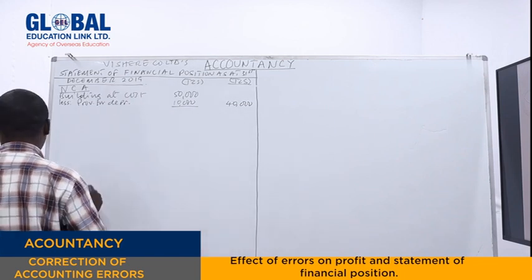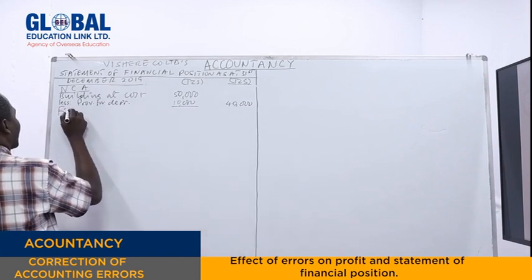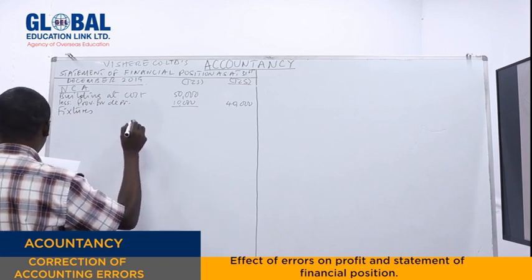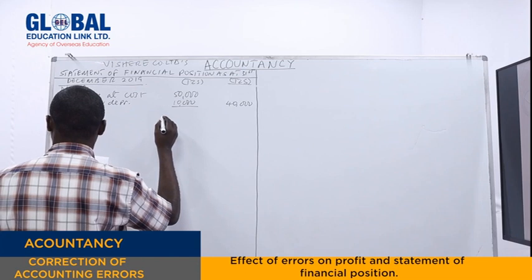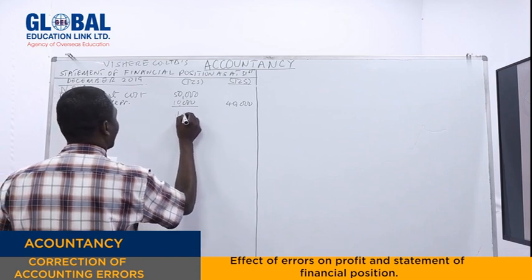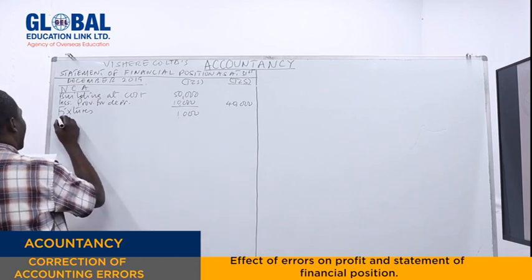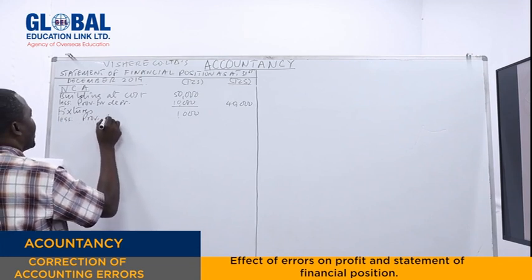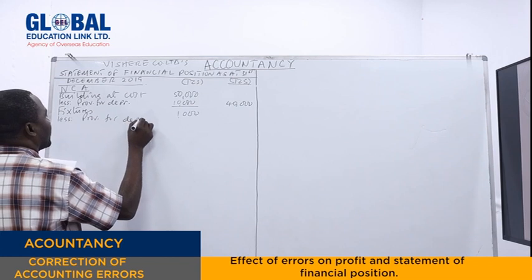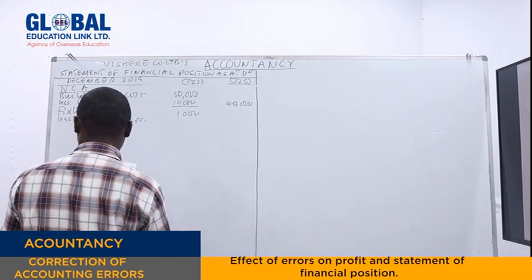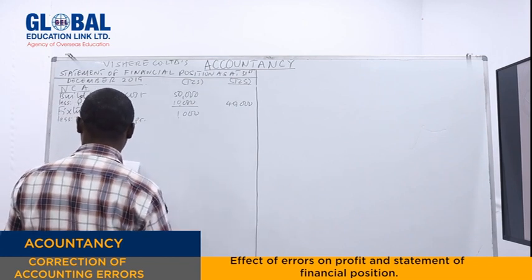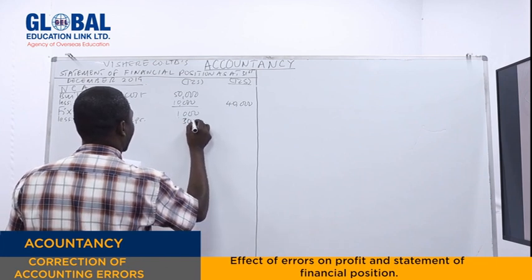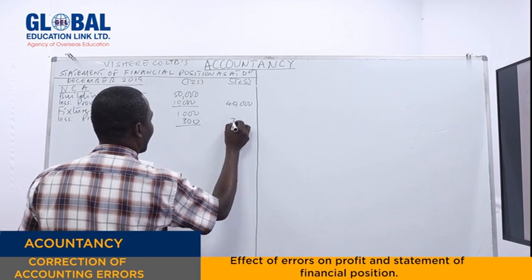We have fixtures. Fixtures at cost were 1,000, less provision for depreciation, that is, provision for depreciation for fixtures was 300. So if you deduct, you get 700.